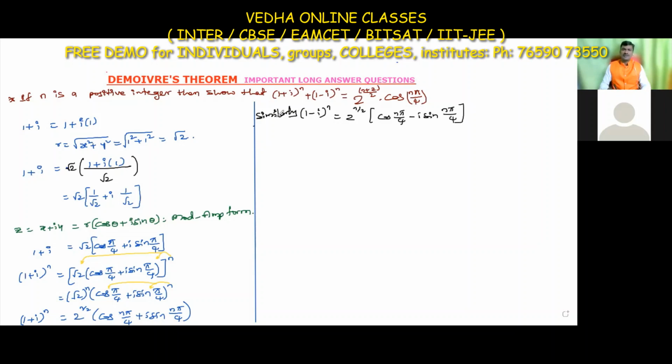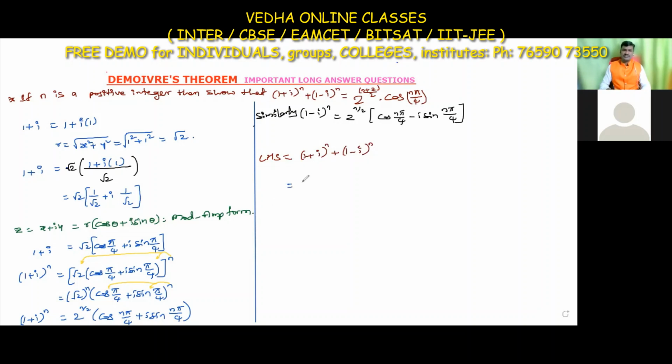Now take the LHS. LHS is (1 + i)^n + (1 − i)^n. Now add both the terms.